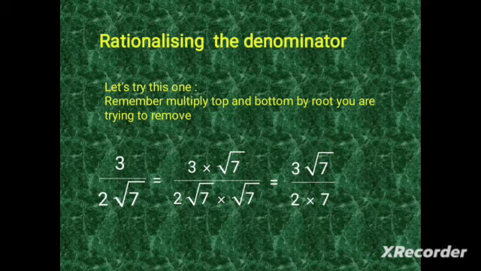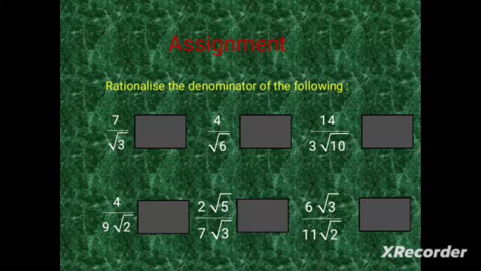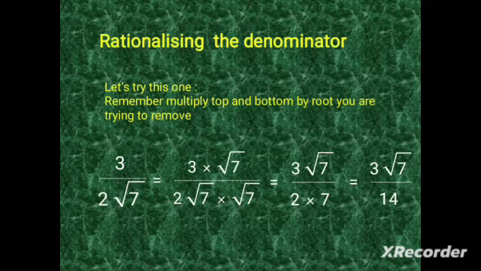And now here you find out that root 7 times root 7 is root 49, square root of 49, and that is 7. And so it is 2 times 7. And therefore we have 3 root 7 over 14. That is our answer in that case.